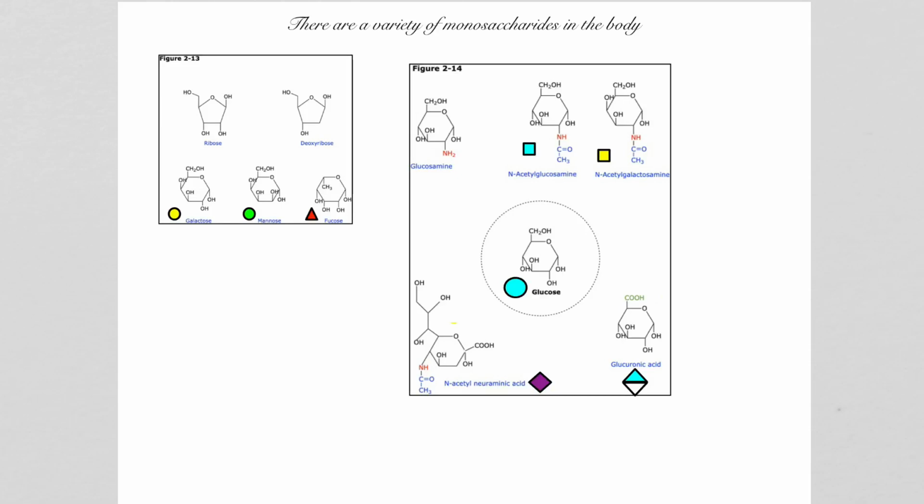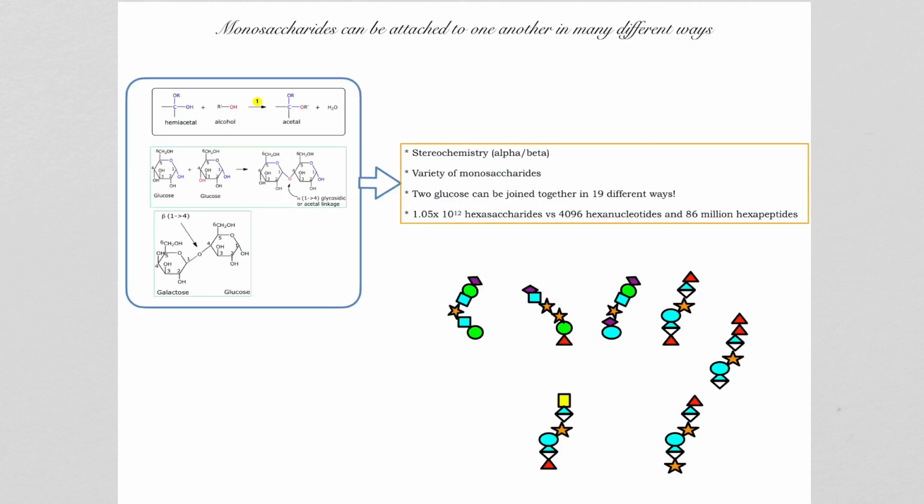So in the previous video we talked about why carbohydrates are very good molecules for molecular recognition, which is basically identification, ID molecules. One reason is there are so many different types of monosaccharides, and the second reason is that two monosaccharides can be attached to one another in many, many different ways.